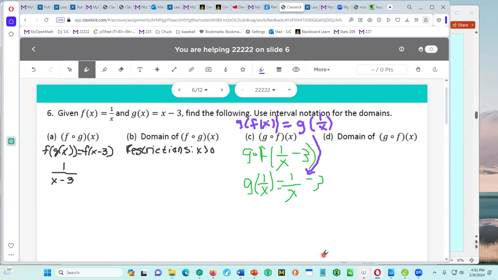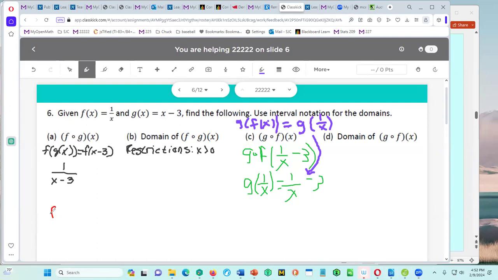Why does x have to be positive? Because x can't be 0, because you can't divide by 0. That is correct. Well, x actually could be 0. Let's think of this. Do you see what I'm saying?